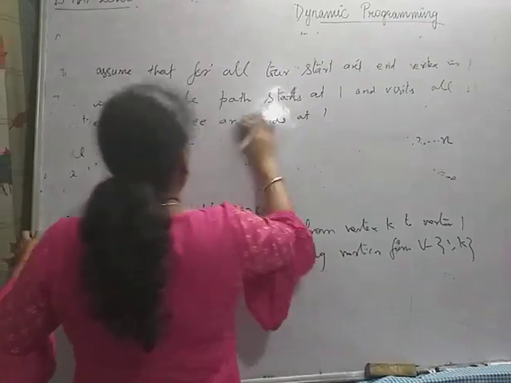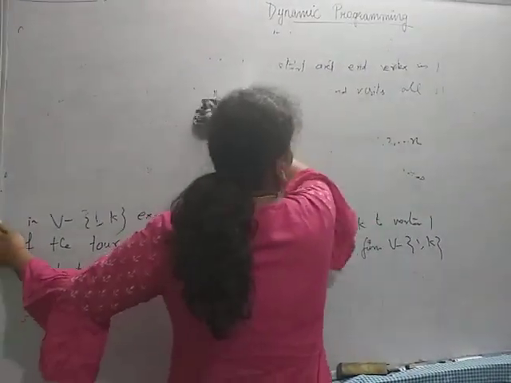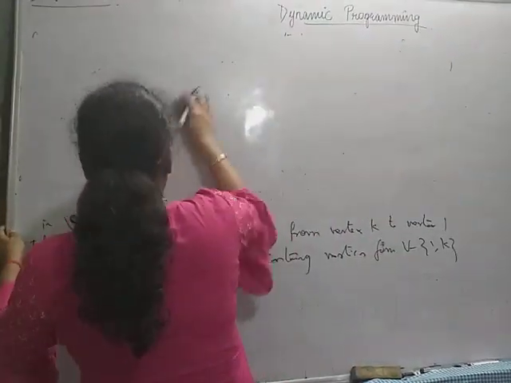Now, since the principle of optimality holds, I will give the recurrence relation on the cost of the tour.